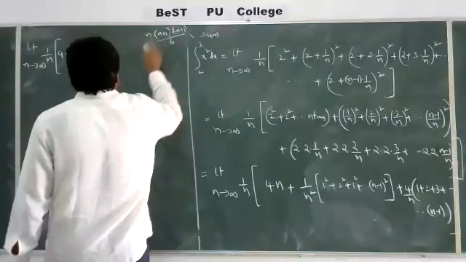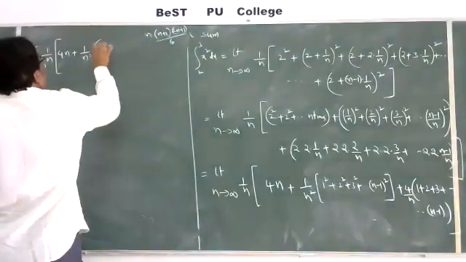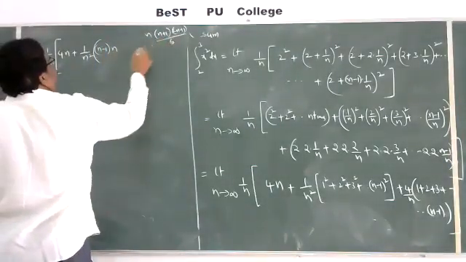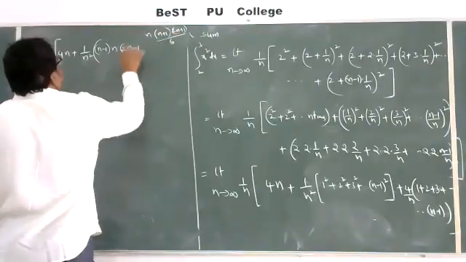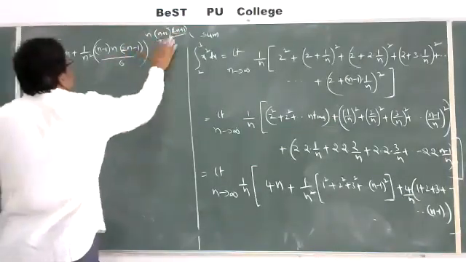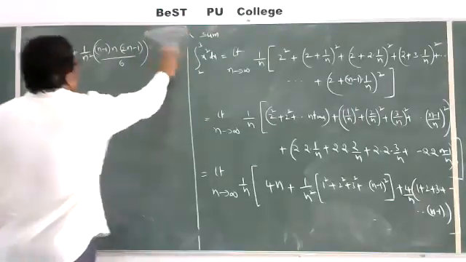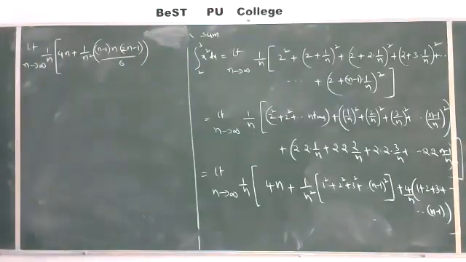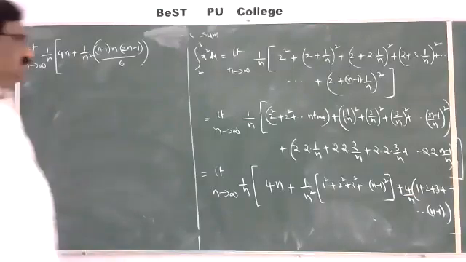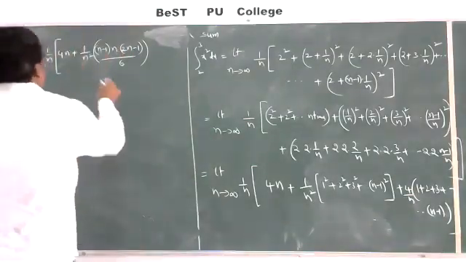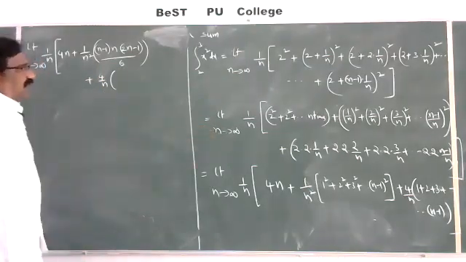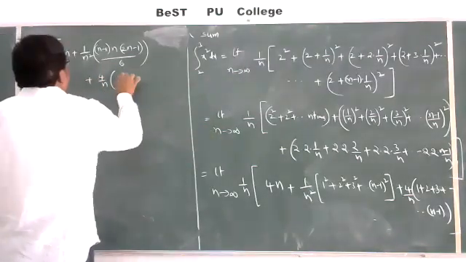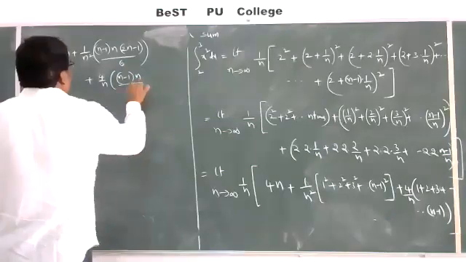Instead of n you substitute n minus 1: (n minus 1) into n into (2n minus 1) by 6. Sum of the squares of the first n minus 1 natural numbers, plus 4 by n into the sum of the first n minus 1 natural numbers, (n minus 1) into n by 2.